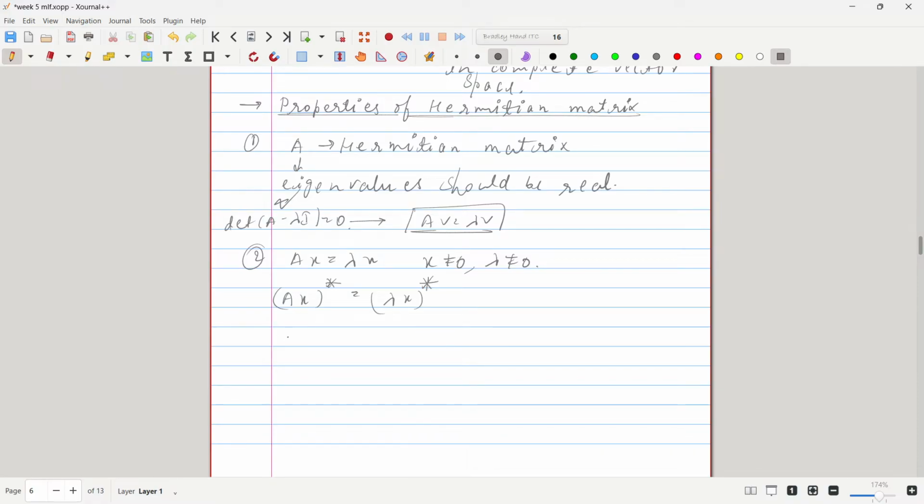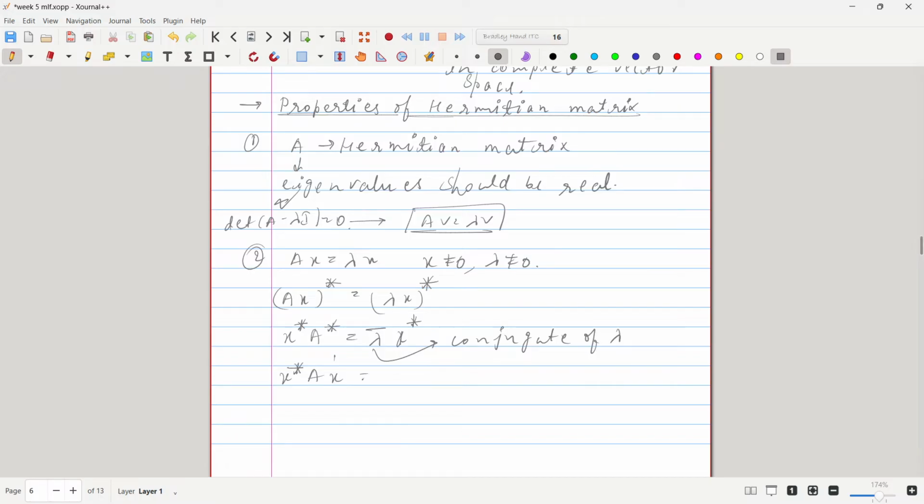this will be equal to x conjugate transpose times A conjugate transpose, which is equal to lambda conjugate times x conjugate transpose. This is the conjugate of lambda. If you multiply by x on both sides, we get x conjugate transpose A x. For a Hermitian matrix, A conjugate transpose is equal to A, so if I write A or A conjugate transpose, the meaning is the same.